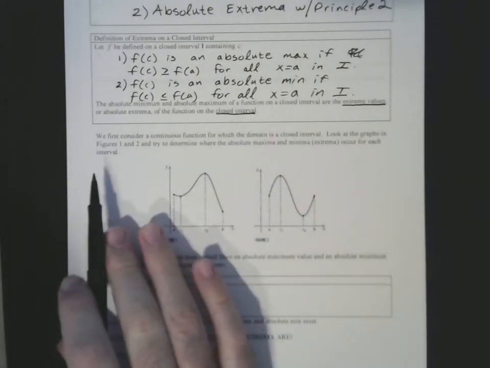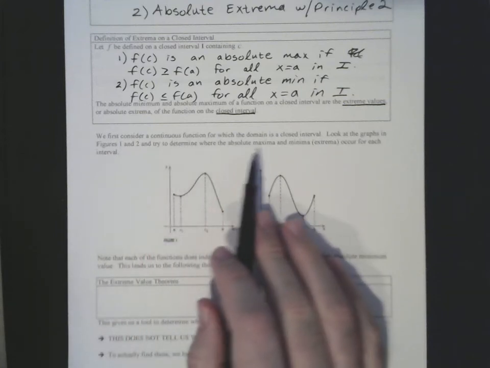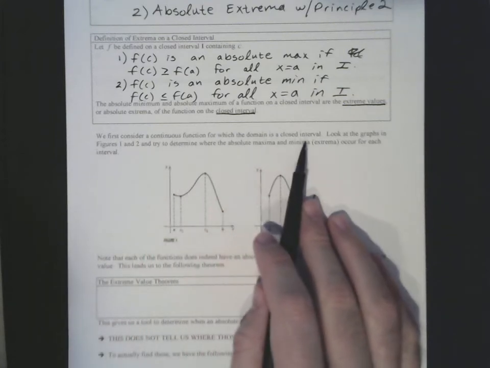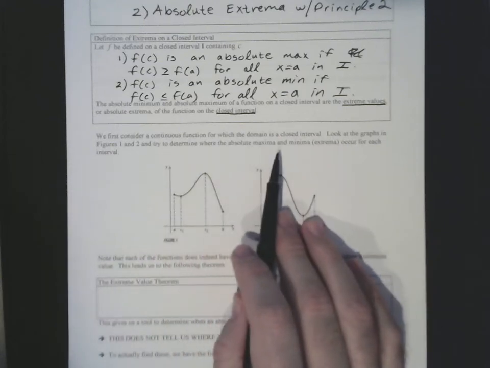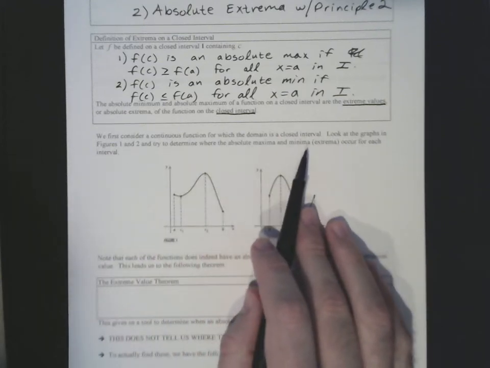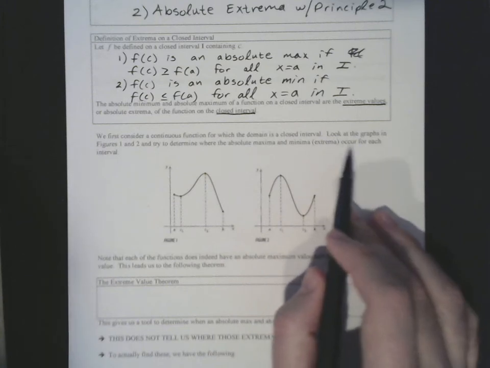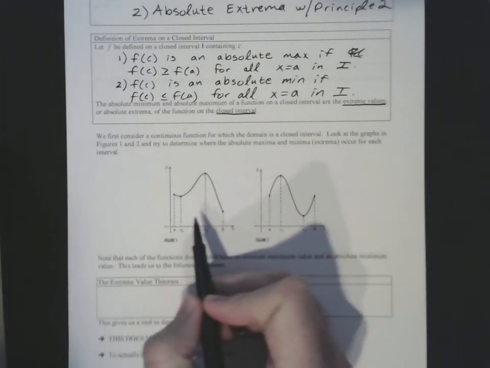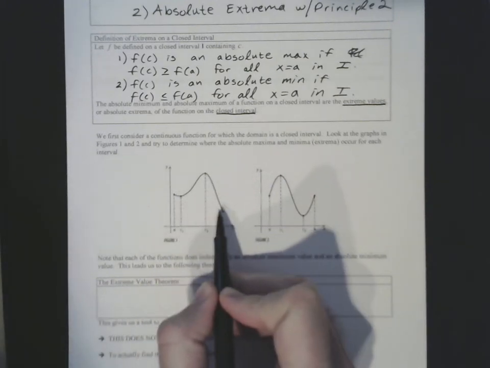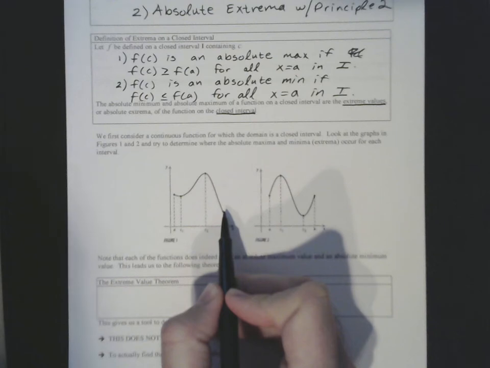Before we dive into finding extreme values, I have two graphs here. What we want to look at is a continuous function, so our domain is a closed interval, and we have two graphs. The absolute maxima and the absolute minima occur for each interval. Since we're closed, we only have to worry about from here to here.